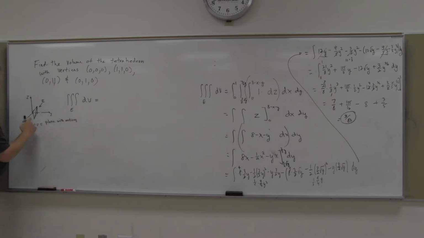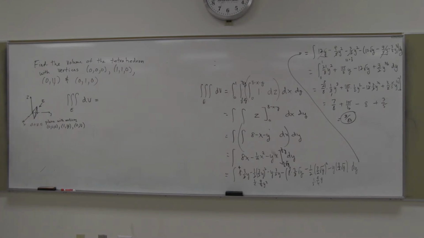So what are the vertices of that plane? 0, 0, 0. That's 1, 1, 0. And then that upper point, that's 0, 1, 1. That's what Z would go between.